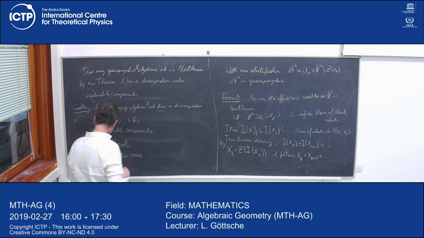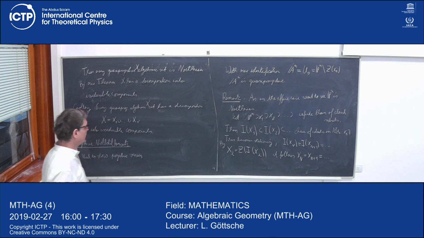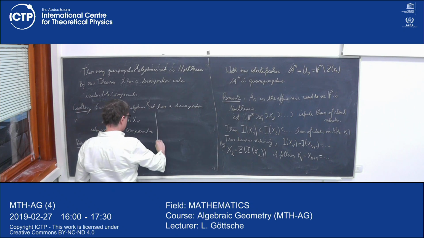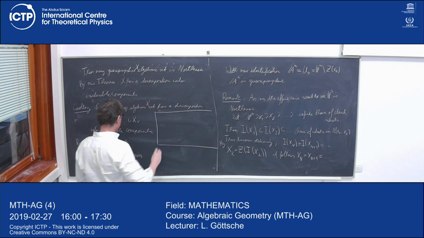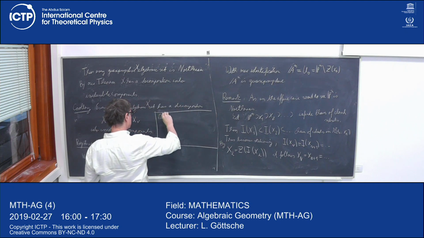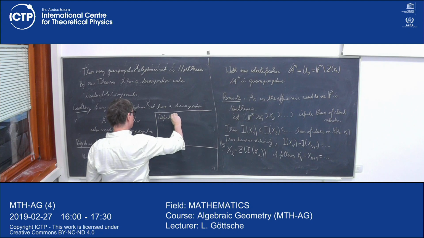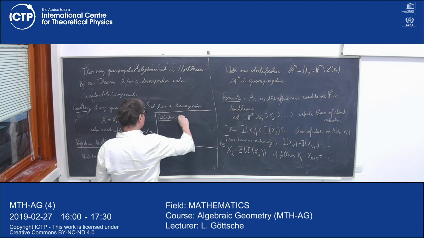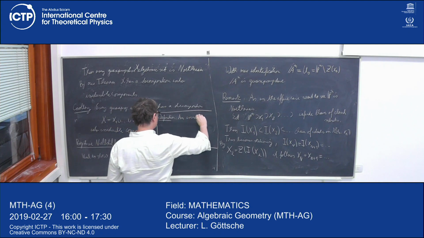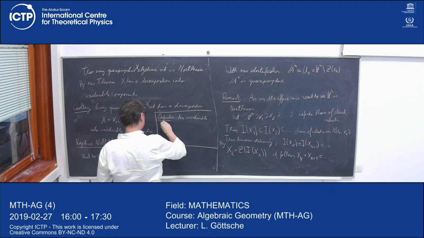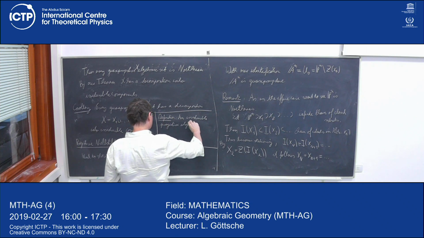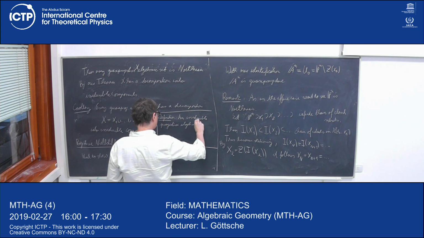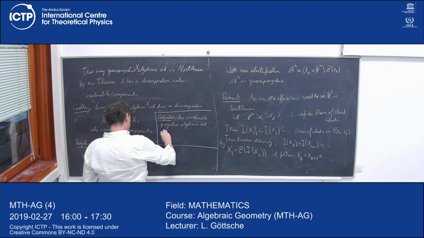So I want to show this projective version, but before that, because I just remembered it, here is the definition. An irreducible projective algebraic set is called a projective variety.